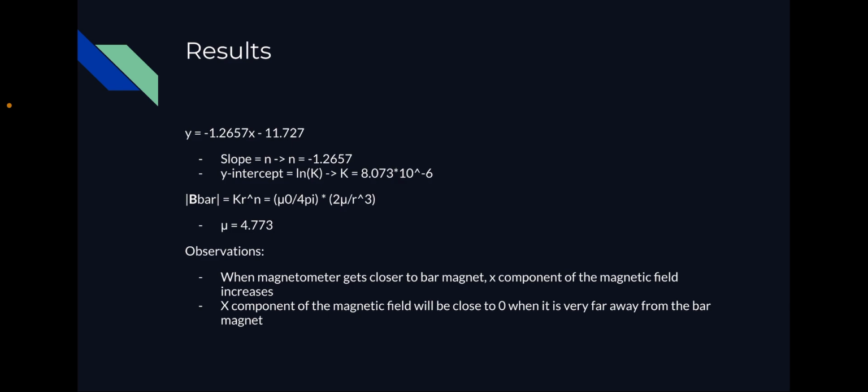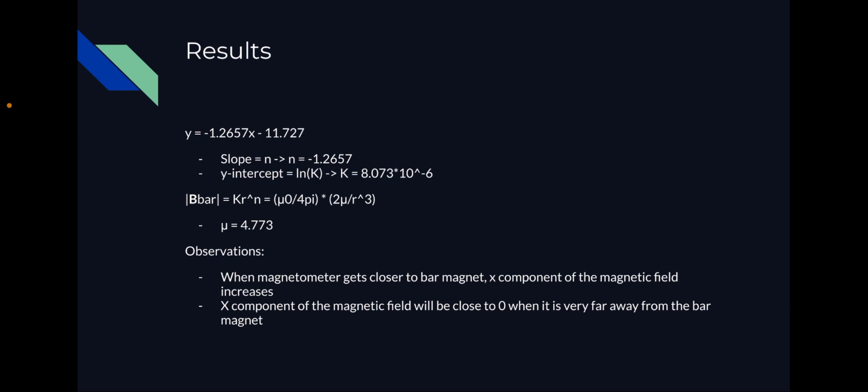And from that graph, we determined n from the slope of that line and found n to be negative 1.2657, and then the y-intercept of that line was equal to ln k, so we determined k was equal to 8.073 times 10 to the negative 6, and then using the magnitude of the bar magnet's magnetic field, the equation k r to the power of n equals mu naught over 4 pi times 2 mu over r cubed, we found that mu is equal to 4.773.